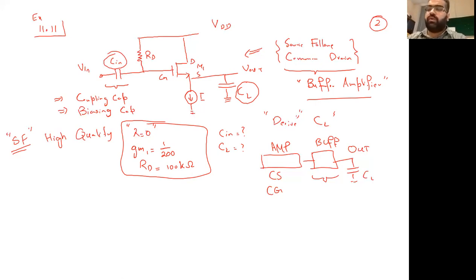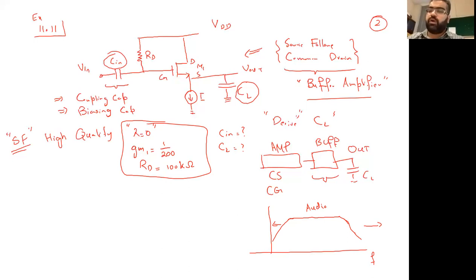So if I want to draw the plot of an audio frequency, if this is my frequency and this is the gain of my audio, I want to have a high quality audio in a certain band, and then it should reject in certain bands below and after. So there should be rejection here and there should be rejection here. Since it's high quality, I would like to cover all the frequencies which are in the audible range.